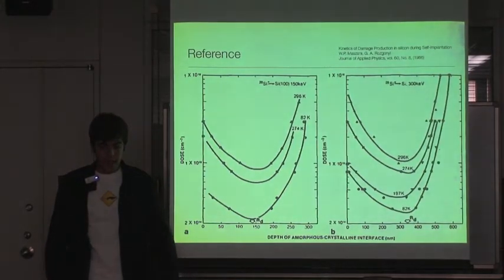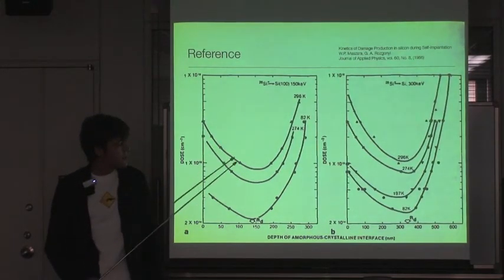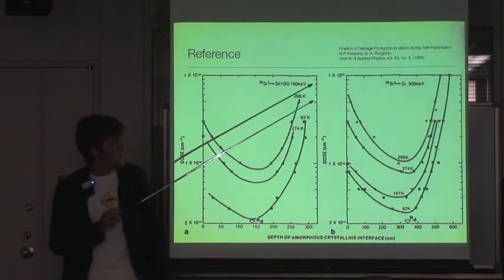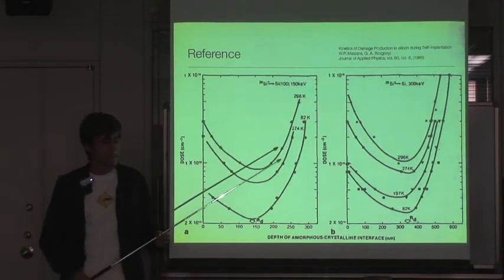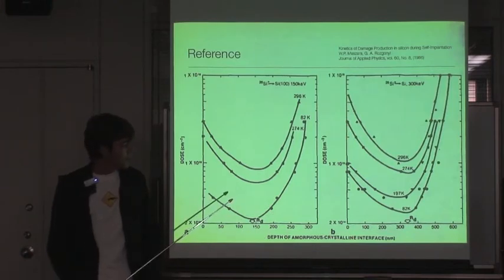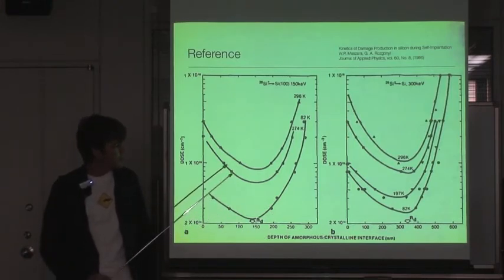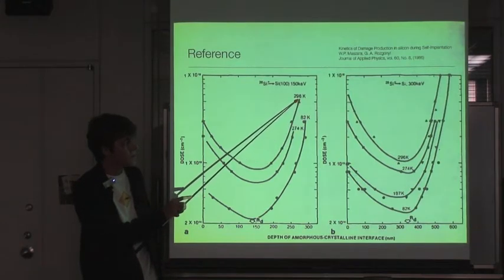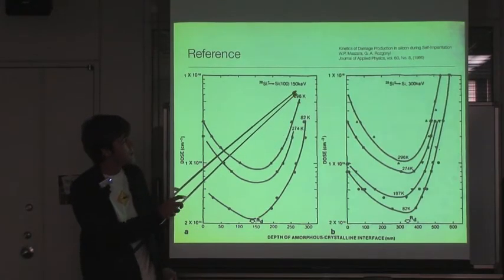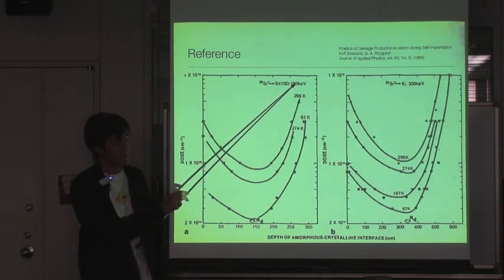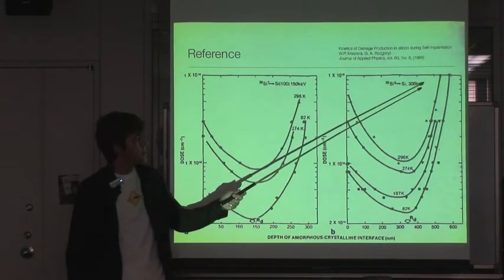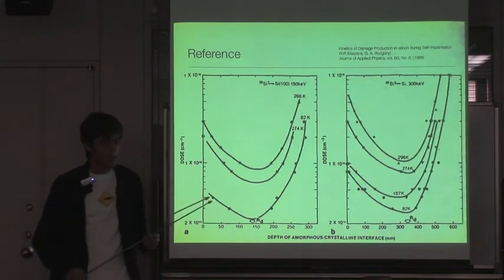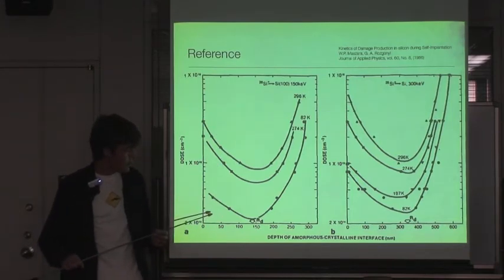Then for the next slides, I'm going to use this graph. This is from the Masera and Rosognil paper. They made implants at different temperatures from 82 Kelvin to room temperature with two different implantation energies, 150 and 300, and at different doses. And they saw how much amorphization they got.